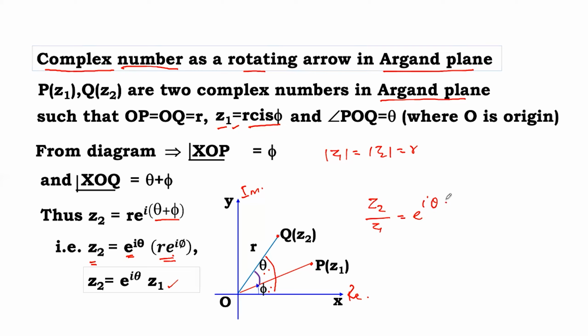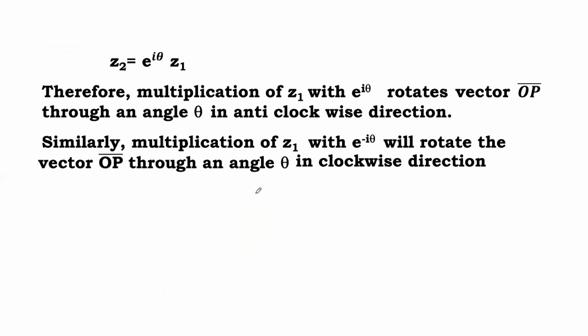But the direction you have to see: we are going in the anti-clockwise direction from Z1 to Z2. That's very important. So multiplication of Z1 with e to the power I theta rotates the vector OP to go to OQ.